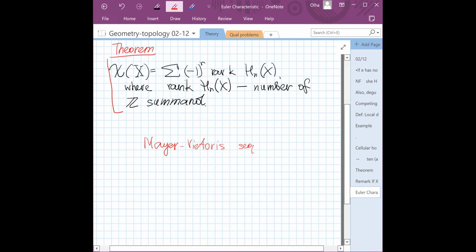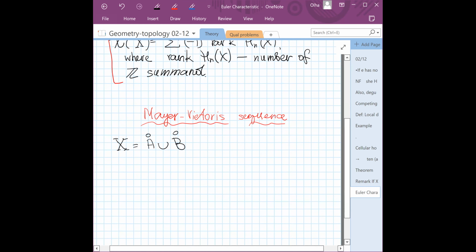The only thing that I'm going to say is that if X can be separated into a union of two subsets, or even a union of their interiors, then we get a long exact sequence.